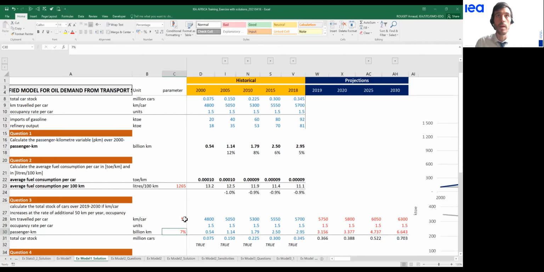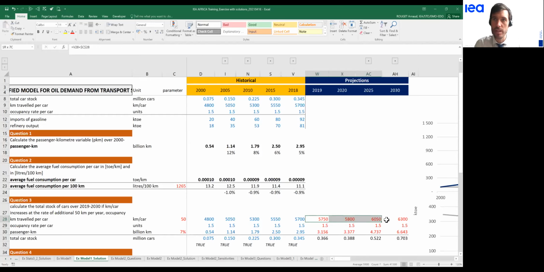Then we have looked also at how the average kilometers traveled per car has evolved over time, and we will also assume that it will continue rising year after year. So in 2019, each car will travel on average 50 kilometers more than before, etc. And we'll also assume that the occupancy rate, the number of people on average per car, will remain stable.